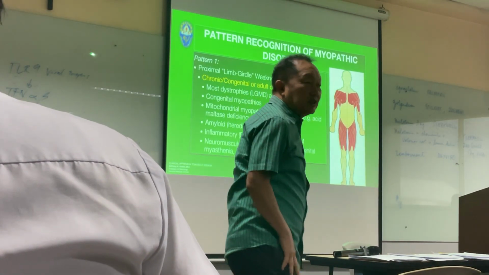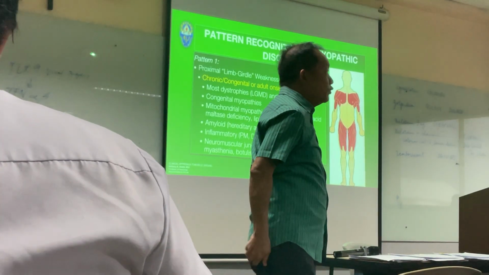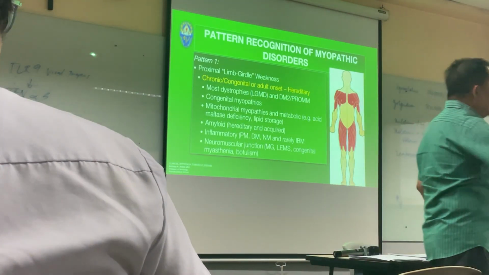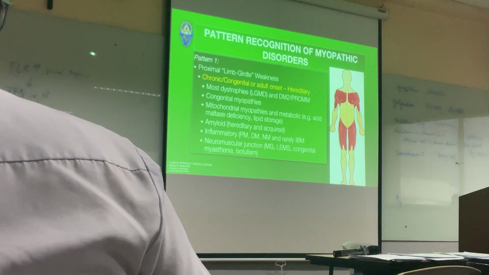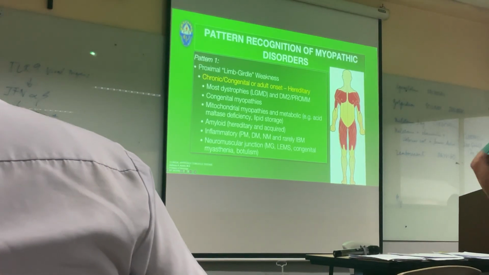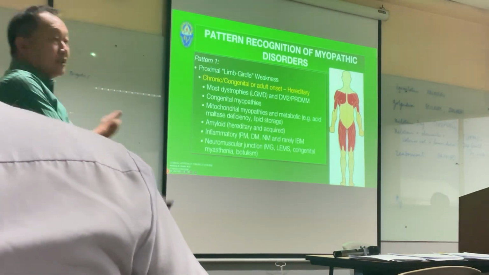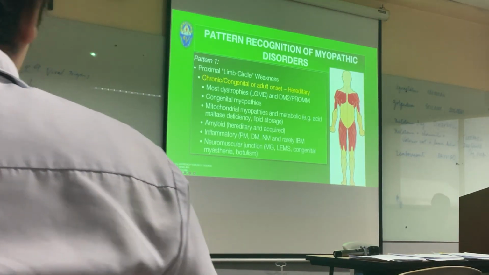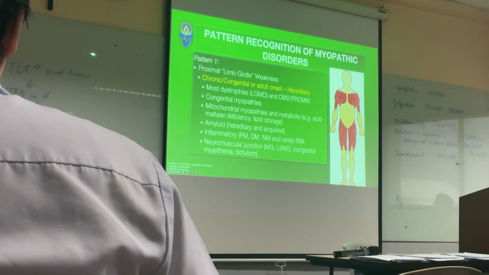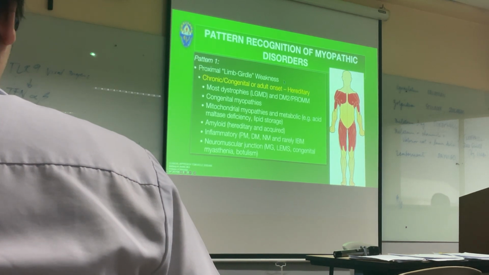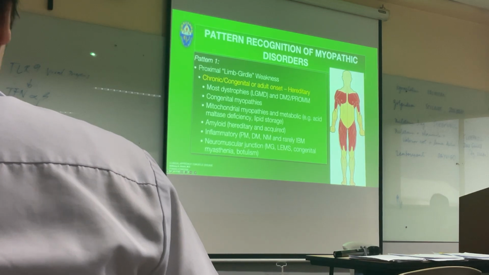So, going up the stairs is difficult because the proximal muscles are weak. And for that same reason, in children, they have to do what they call the tripod sign to be able to get up. So, that's the typical proximal muscle weakness. Okay? And when you say limb girdle, okay, so that's the girdle. Yun yung proximal muscle weakness.